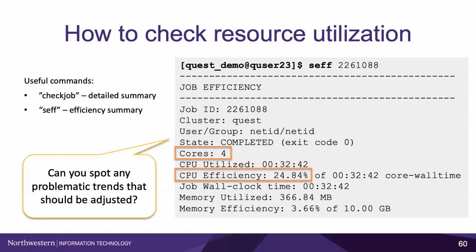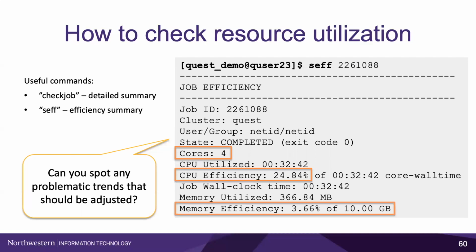So it is very likely that even though we requested 4 cores, our program only ran on a single core. This is something to note, and you can either go back and change your batch script to request only 1 core, or if you expect this job to run across 4 cores, then you might want to go back to whatever software you're running and see if you are able to specify the number of cores in a more effective manner.